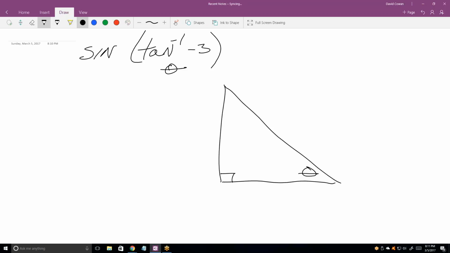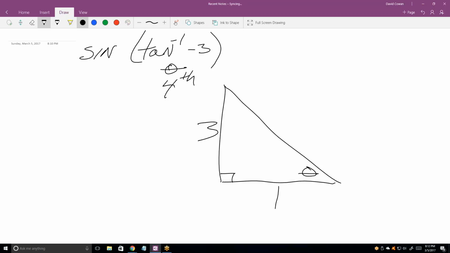And now we can either dimension the triangle or figure out what quadrant we're in. What quadrant are we in? Quadrant 4. Now dimension the triangle. The opposite side is 3, and the adjacent side is 1.